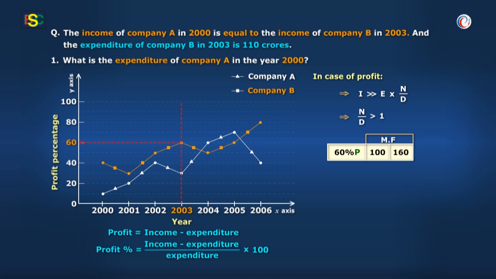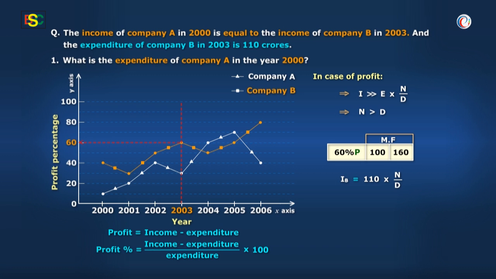Yes. Here the expenditure of company B in 2003 is given as 110 crore. In order to get an income during profit, expenditure should get multiplied by a fraction that is greater than 1, or whose numerator should be greater than the denominator.